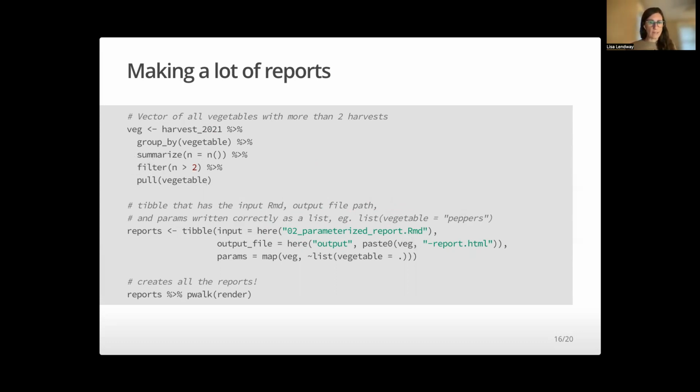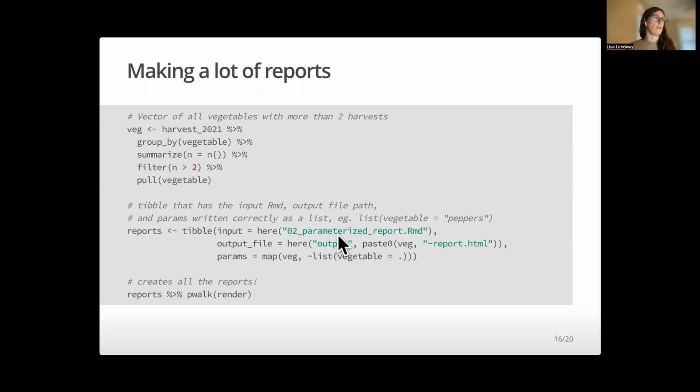This next set of code creates a table called reports. And this table has a variable named input. This is just going to be that starting RMD file. The output file is going to be a vector of where the final reports will live.